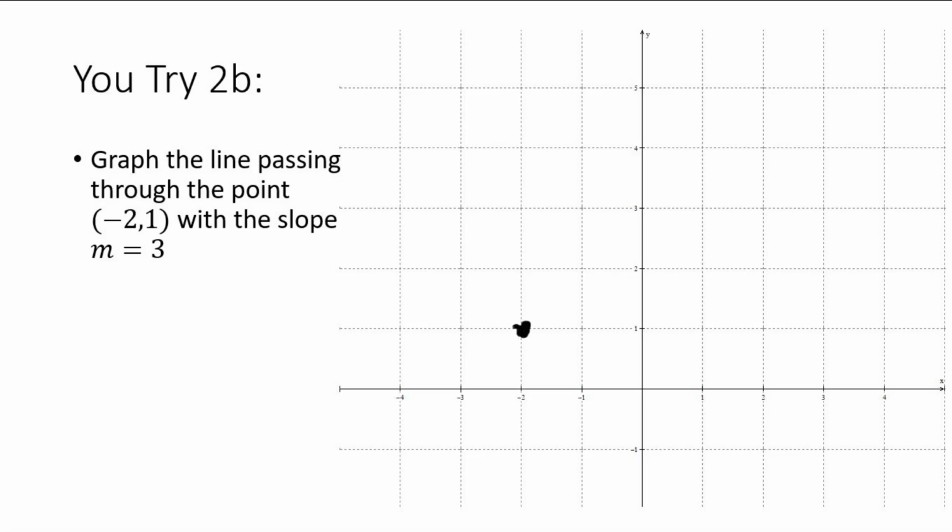Then I want to find this one with the slope of 3. Remember that slope of 3 is actually 3 over 1, right? It was a 3 over 1 the whole time, which means we want to rise 3, 1, 2, 3, and run 1 to get this point right here. And let's draw our line. There we go.